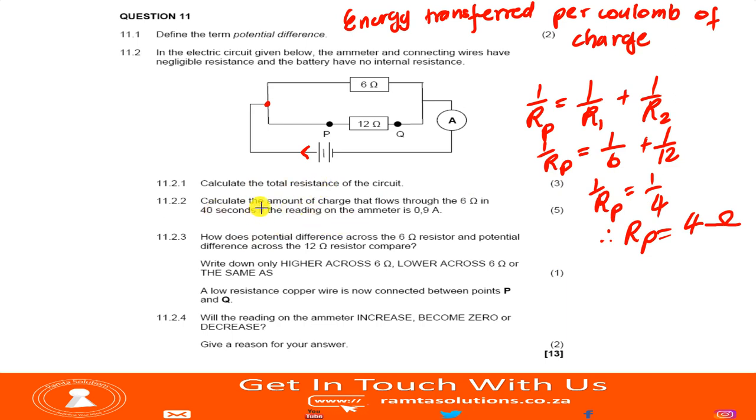Now we have 3 marks plus that 2, that's 5 marks in the bag. Calculate the amount of charge that flows through the 6 ohm resistor in 4 seconds if the reading on the ammeter is 0.9 A. For this, I'll go to the next page.